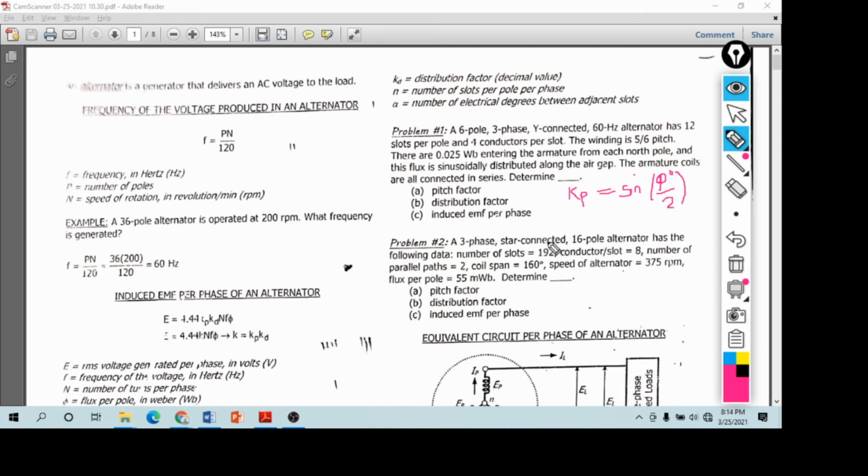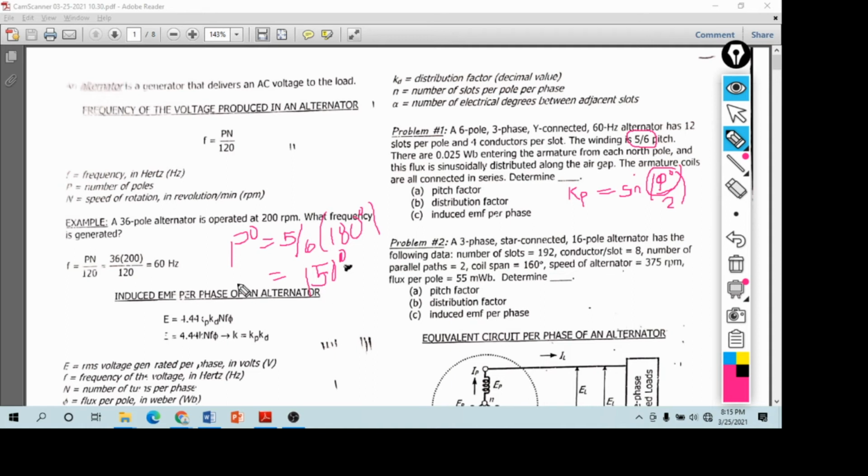What is the span of the coil? Since it is given that the pitch is 5/6, therefore P is equal to 5/6 times 180, and that is 150 degrees.